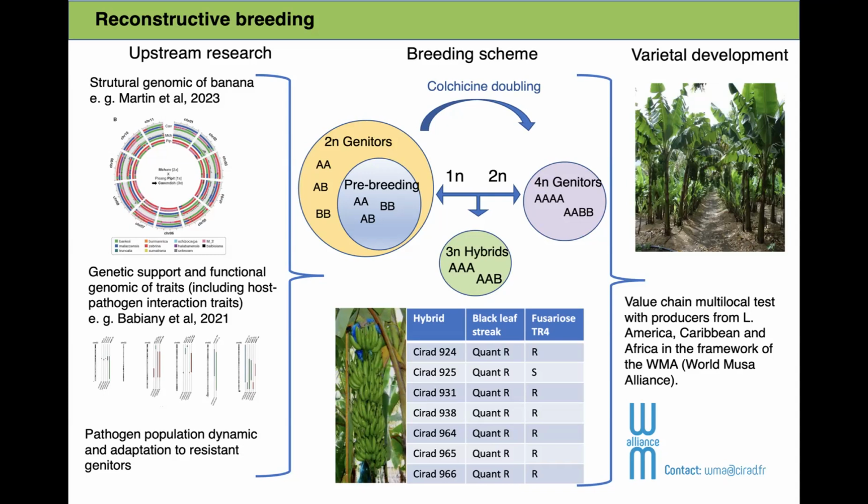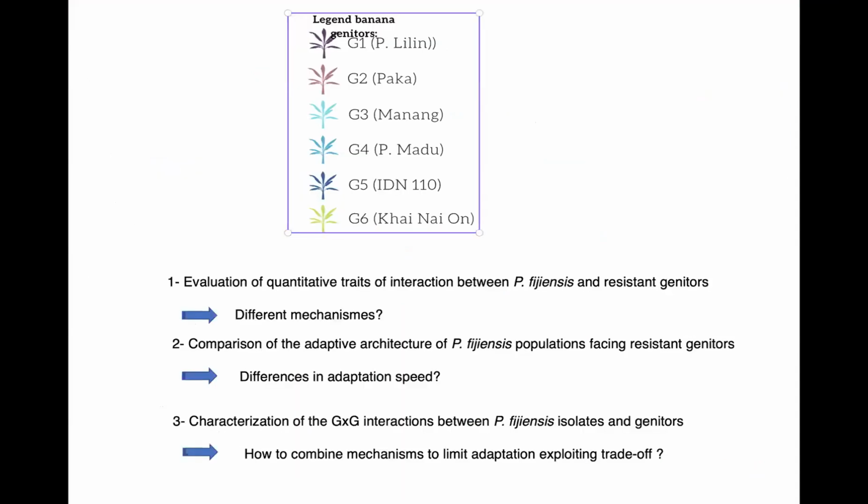So it will also be interesting to study pathogen population dynamics and adaptation to resistant genitors. We are doing that on about 6 genitors we are using in our breeding program. These genitors are cultivars.